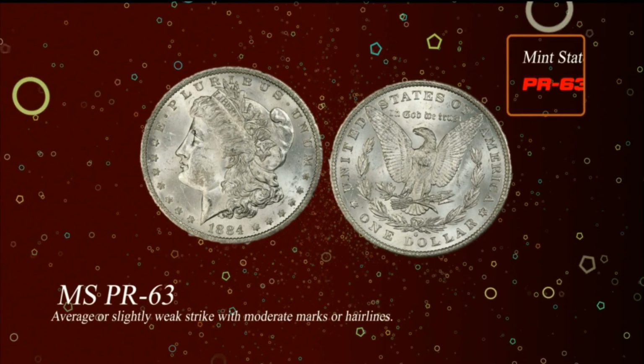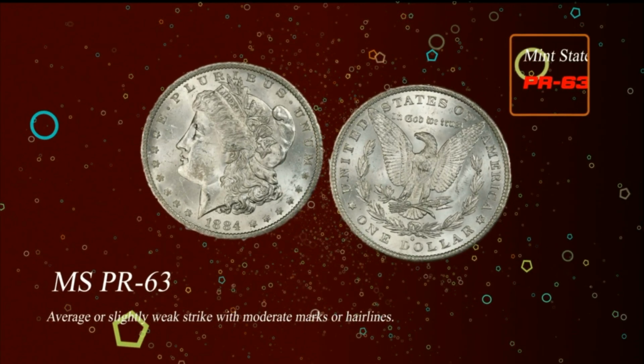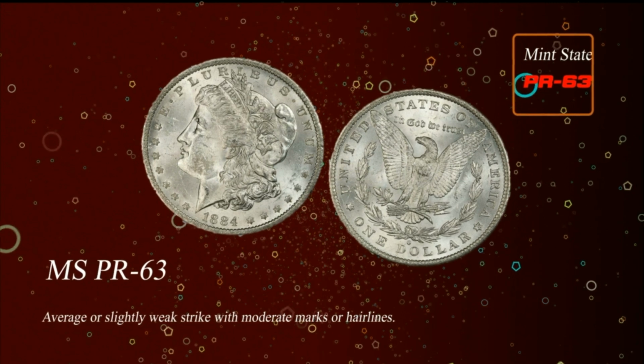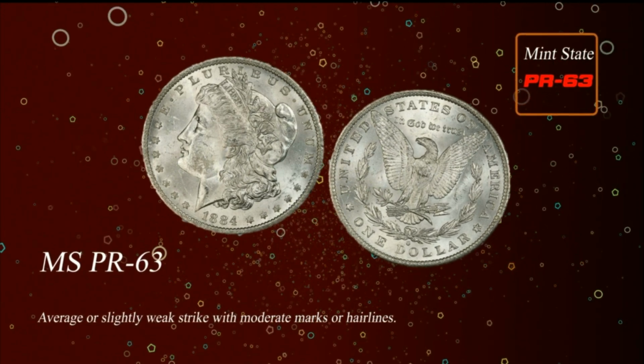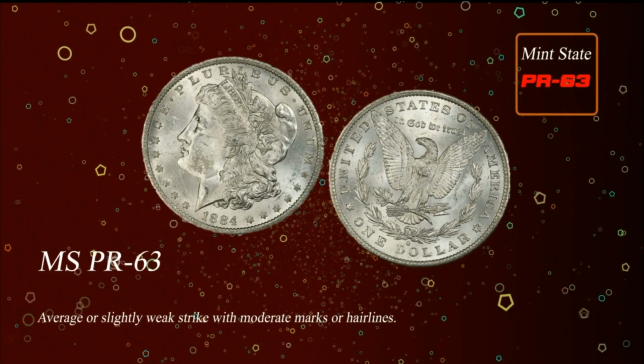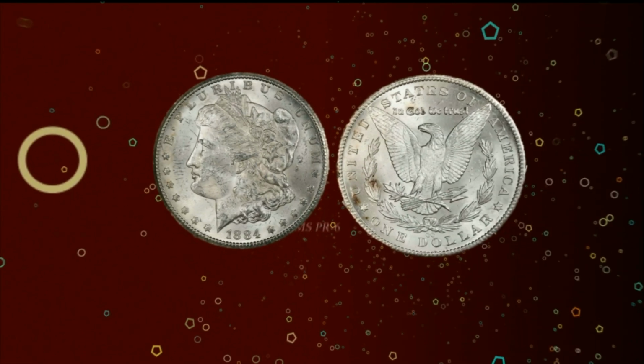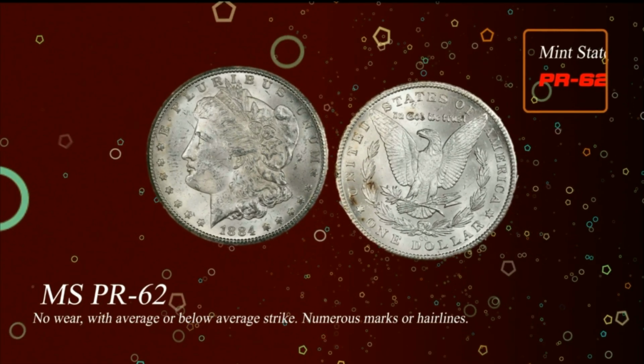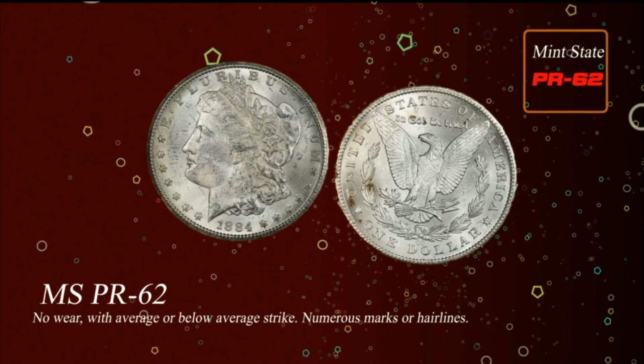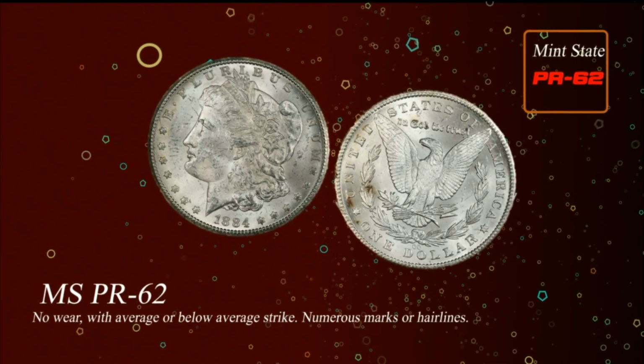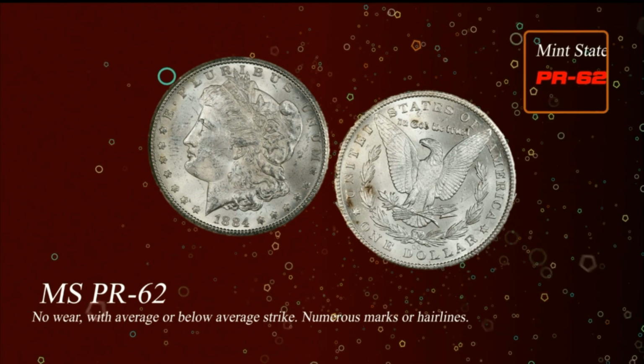Mint state PR63. Average or slightly weak strike with moderate marks or hairlines. Mint state PR62. No wear with average or below average strike. Numerous marks or hairlines.